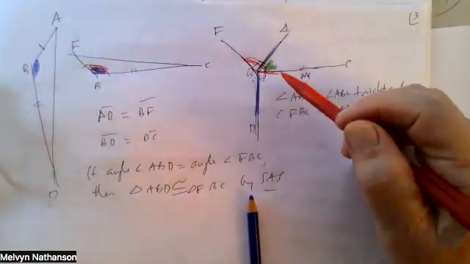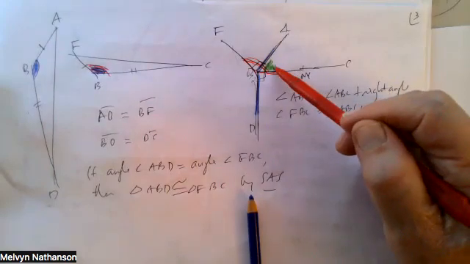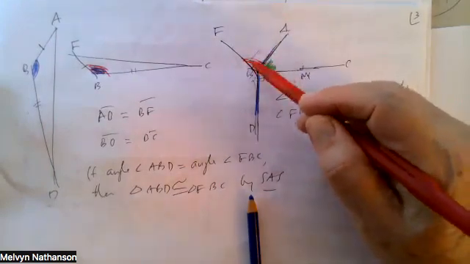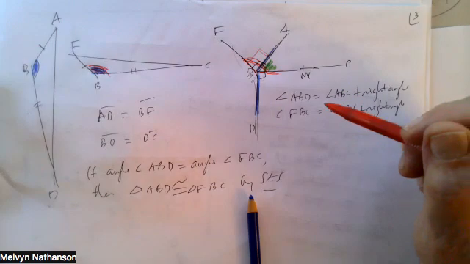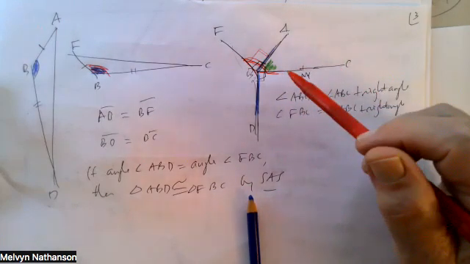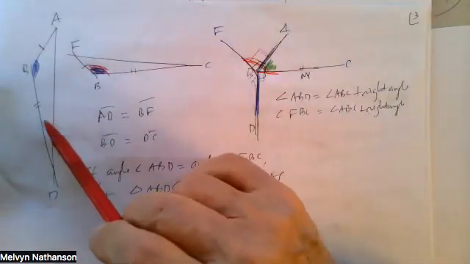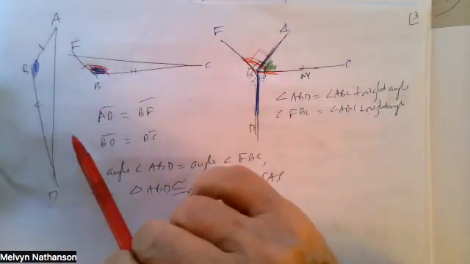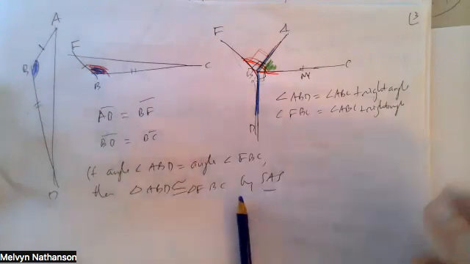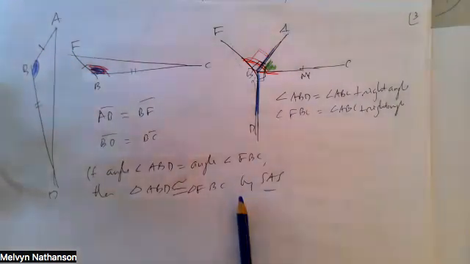And this red angle also consists of the green angle plus this, which is a right angle. So that's the proof that the two angles are equal, and the corresponding sides next to those angles are equal. So by side angle side, the triangles are congruent. Okay, got it. Thank you.